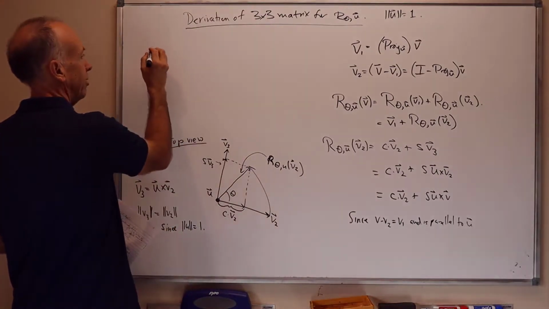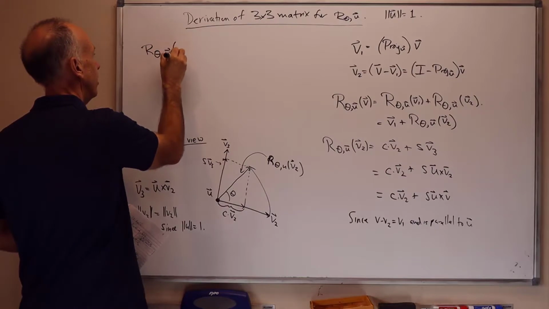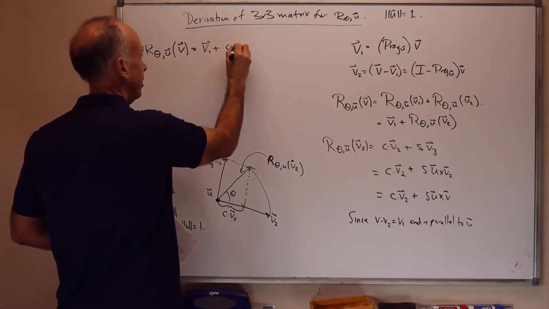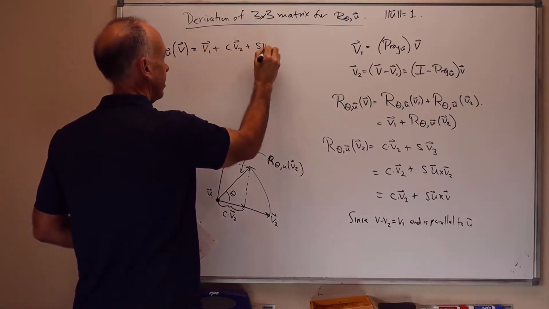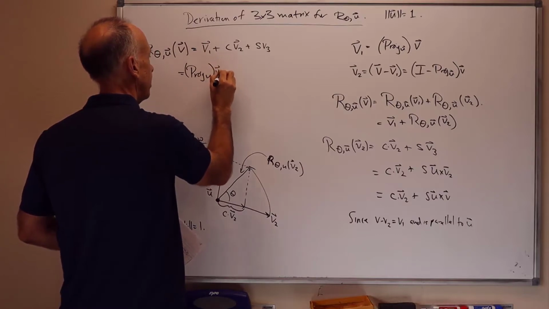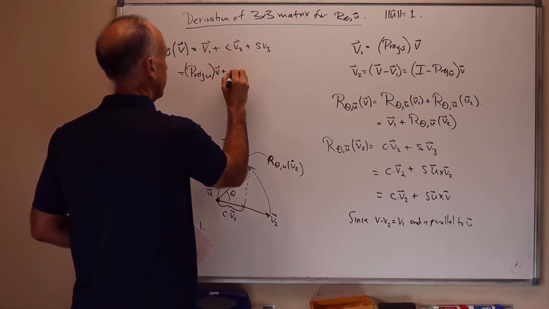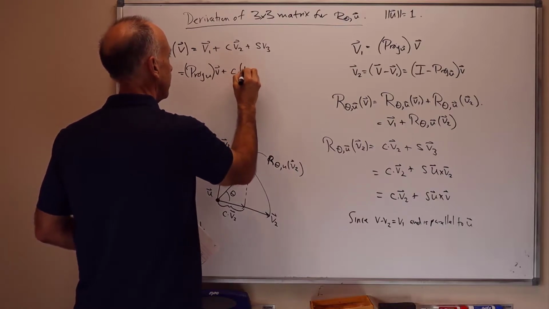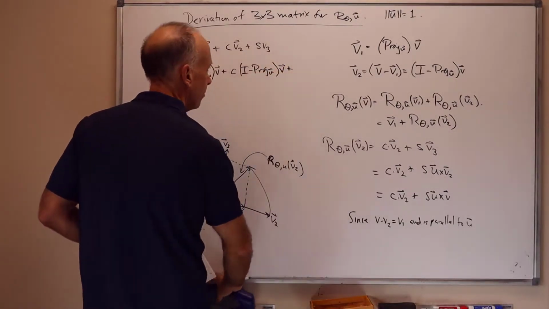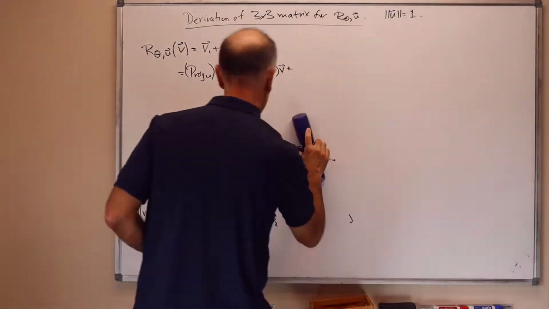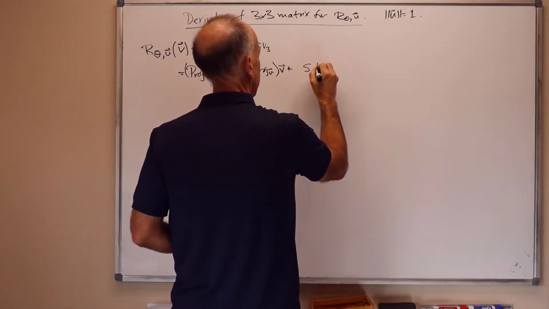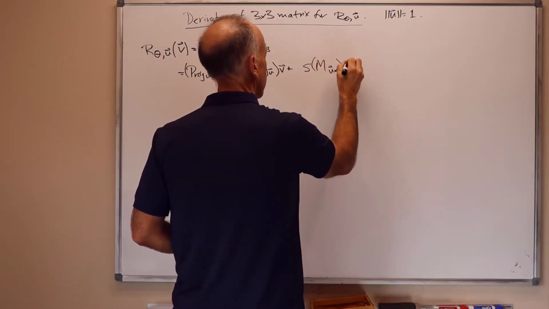So putting this all back together, I've got r theta u of v is equal to v1 plus c v2 plus s v3, and that's equal to proj sub u of v plus c times (I minus proj sub u) of v plus s times M u cross of v.